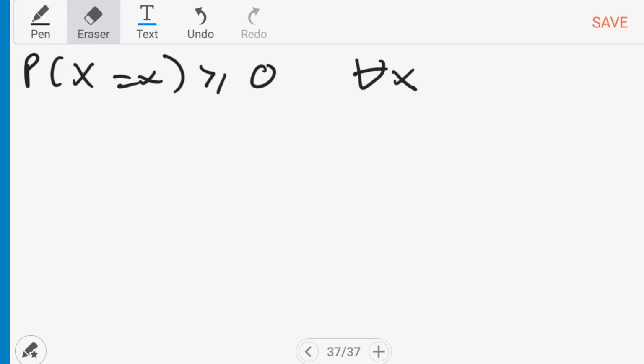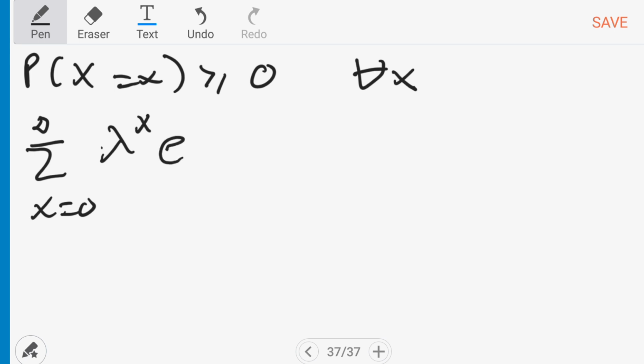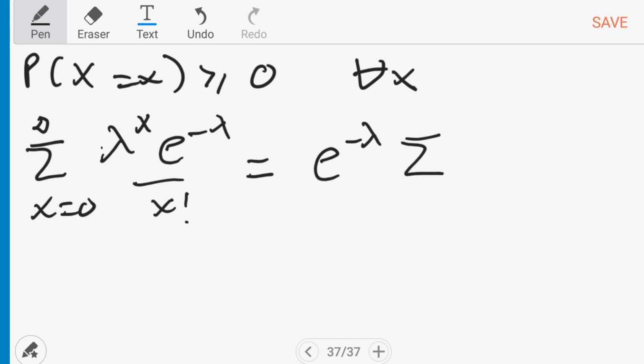Alright, so let's note that if we sum, let's look at this, the sum of lambda to the power x e to the power minus lambda on x factorial can be written as e to the power minus lambda outside, because it's a constant.